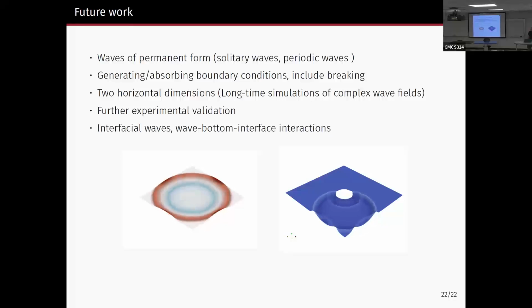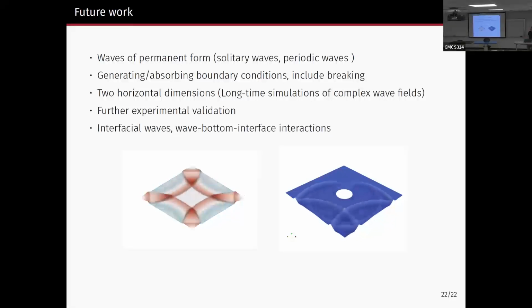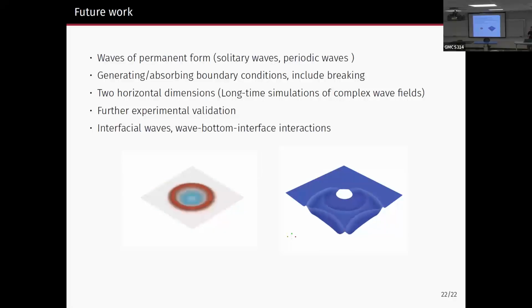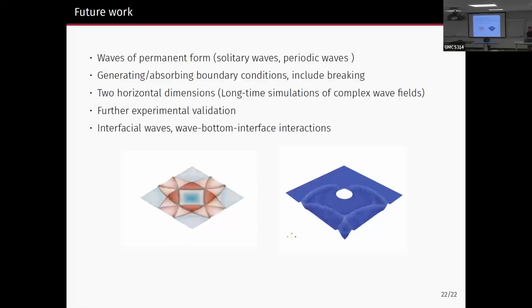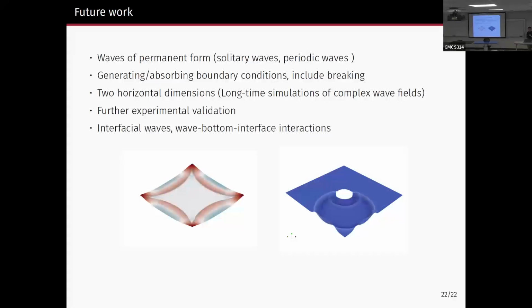And I close with some future steps. We're looking at waves of permanent form. Solitary waves have been calculated numerically for the Isobe-Kakinuma model, but the periodic nonlinear waves for this type of model are still open.